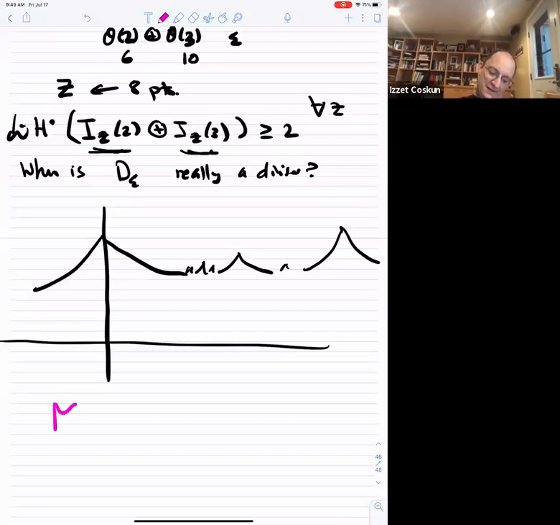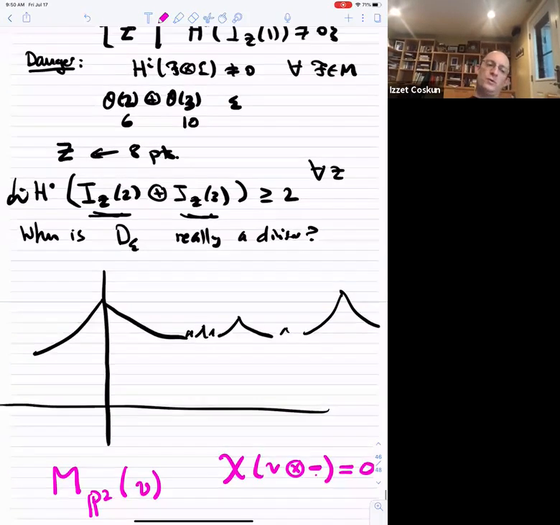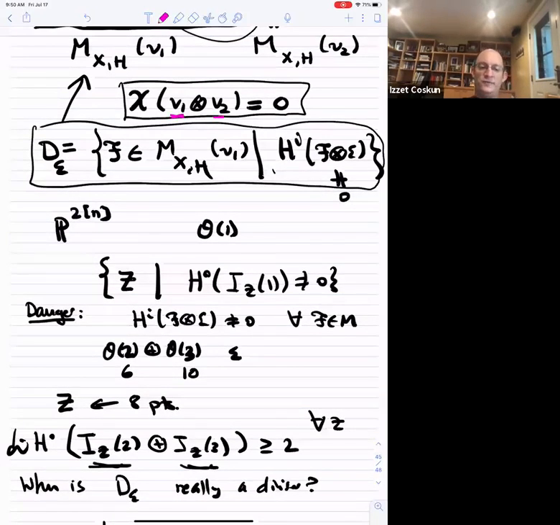So say that I have my moduli space. This is on P2, the slope is determined, so you have your V. Then what I could do is look at this chi of V tensor blank equal to 0, and use this as a variable. So I have my moduli space V1, and we need to find V2 such that this Euler characteristic is 0.